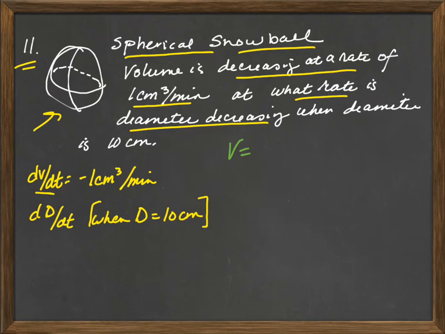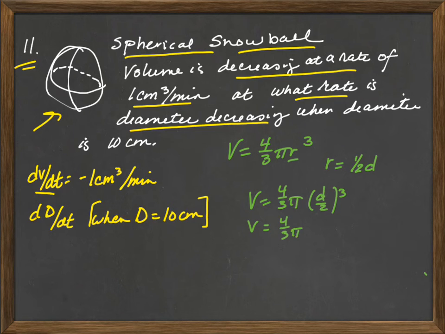The volume of a sphere is 4/3 pi r cubed. Now r is equal to 1/2 the diameter, so the diameter over 2. So we can rewrite that r with the diameter in it. V equals 4/3 pi times (d over 2) cubed, or V equals 4/3 pi d cubed over 8.